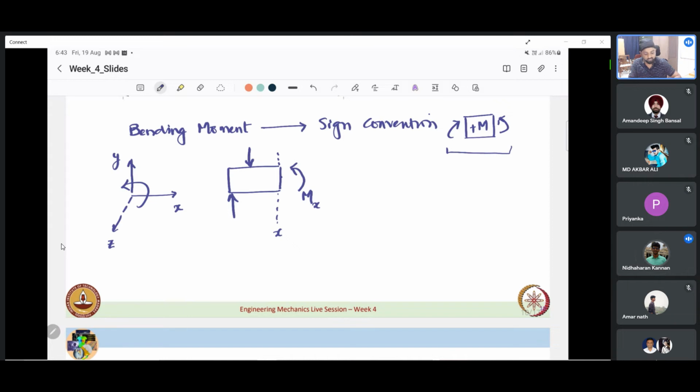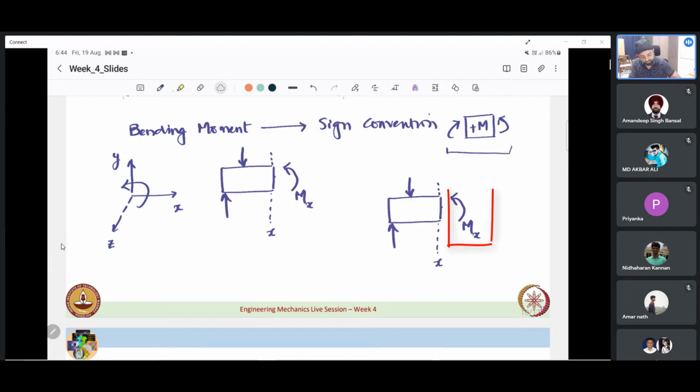That is all. Now that this has been applied, once this is applied, this is to be treated as an externally applied system.